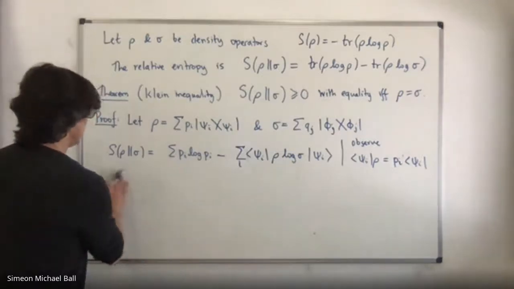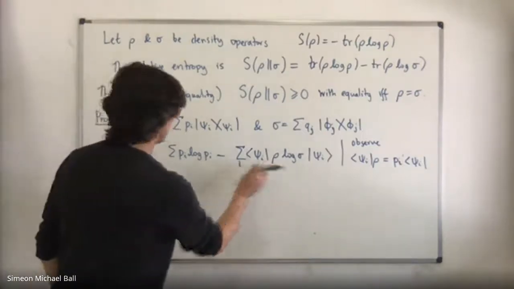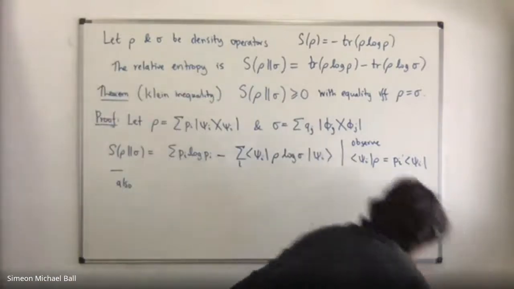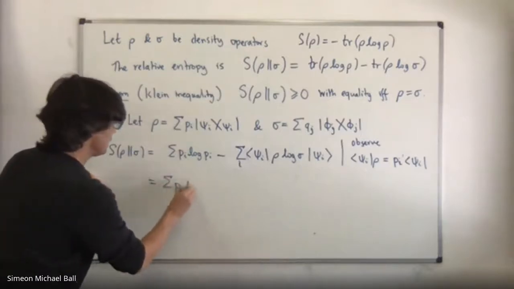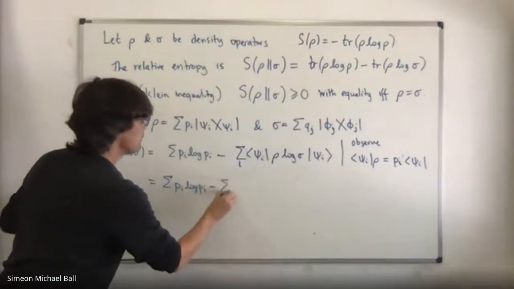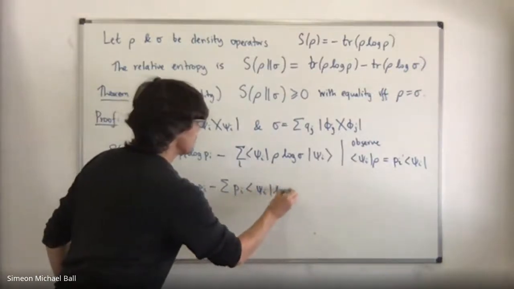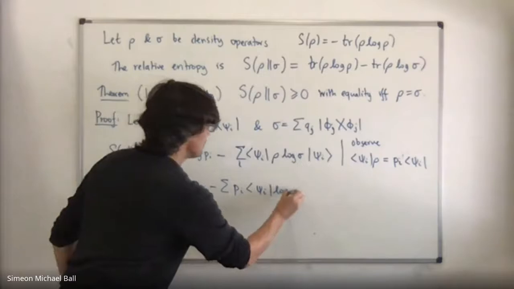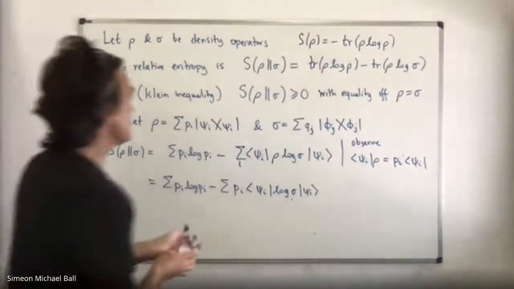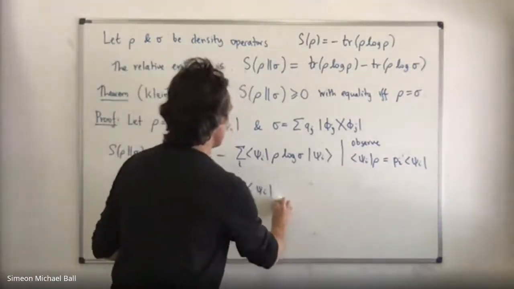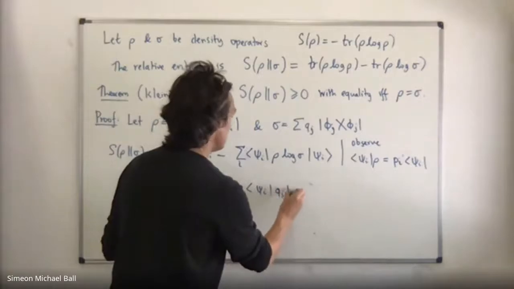Now, also, let's think. So we have this is equal to the sum of pi log pi minus the sum of pi, and now things look a little bit nicer. We've just got this log sigma. So now we can substitute that straight in, just put qj phi j.